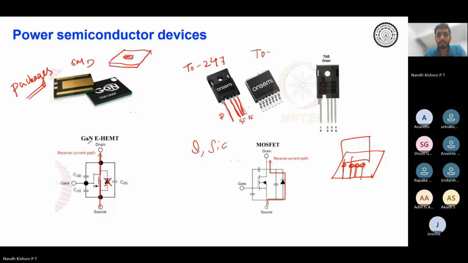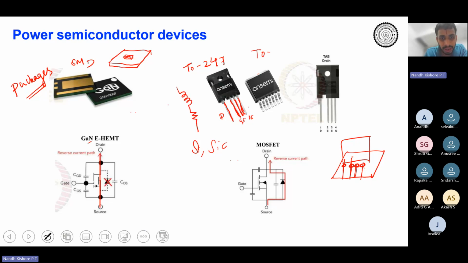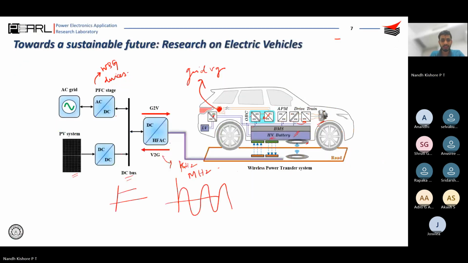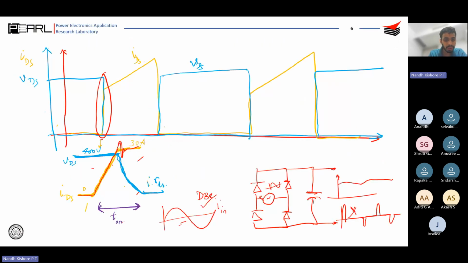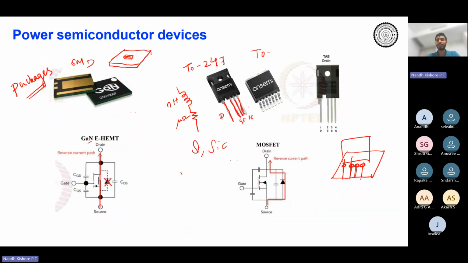Because you see this as one lead, but this one lead can be represented as something like an inductor and a resistor. This inductor can be a few nanohenries and this can be a few micro ohms. But you will see that this nanohenry of inductance causes a huge impact. Why? Because this time is also of the order of a few nanoseconds. Because of that, the nanohenry of inductance is also considerable.